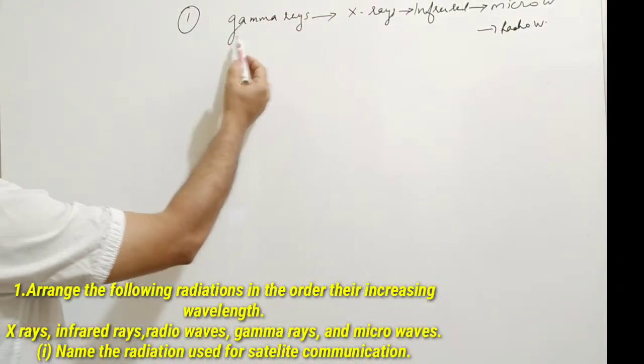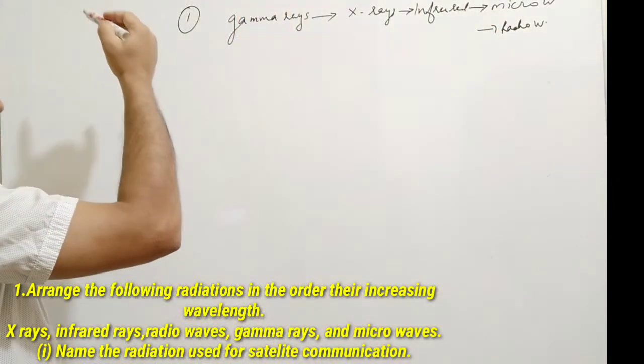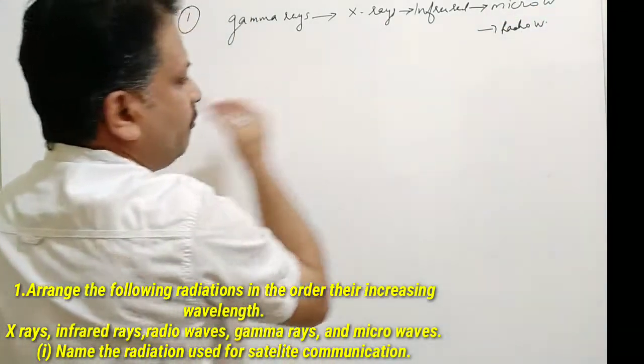Clear? So gamma rays, X-rays, infrared, microwave, radio waves. So these waves have been arranged in the increasing order of their wavelength.